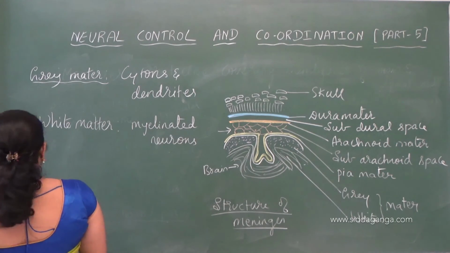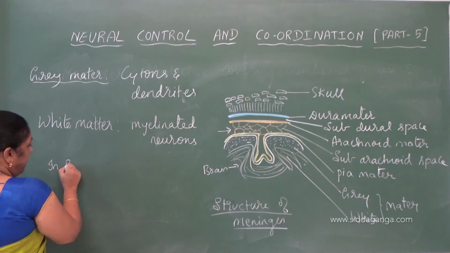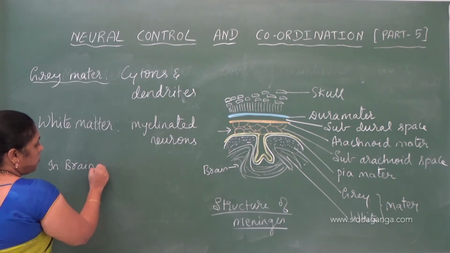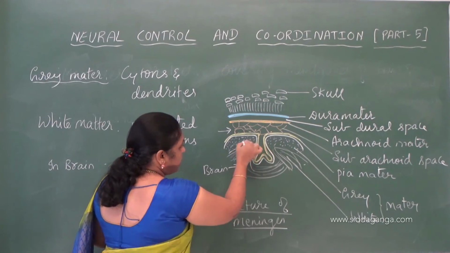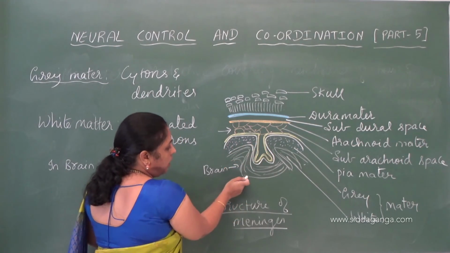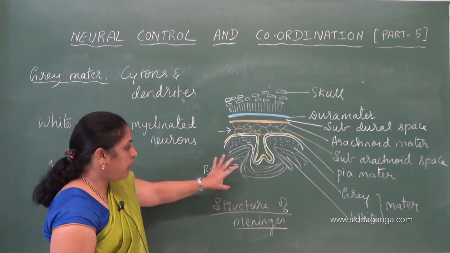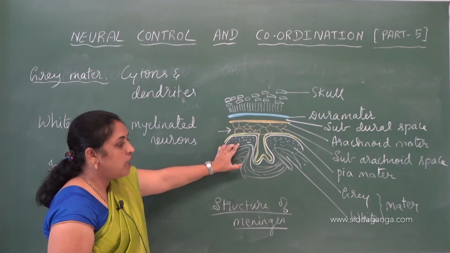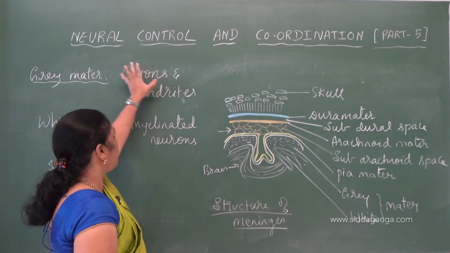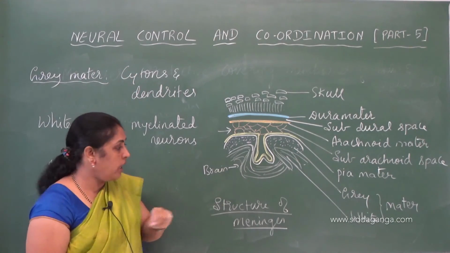What you have to remember is that in the brain, in the outer cerebral cortex we see grey matter and inner we see white matter. Grey matter contains cytons or cell bodies and dendrites of nerve cells.